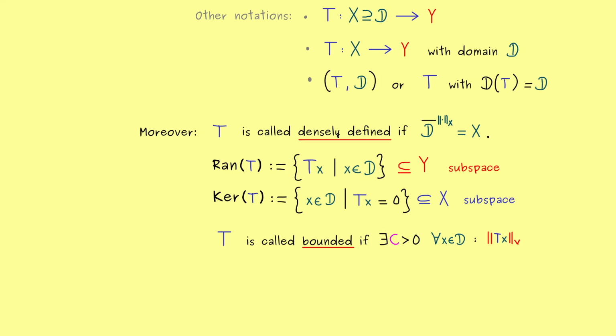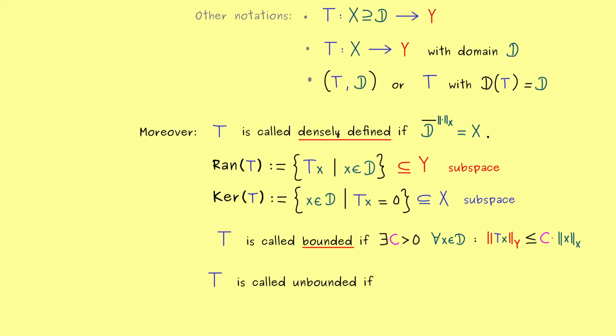And now this one should always be bounded by the constant c. More precisely, it's c times the norm of x in the space x. And here you should recognize, if you calculate the operator norm you have learned in the functional analysis course, you see this operator norm is bounded by the constant c. And therefore the operator T is called bounded.